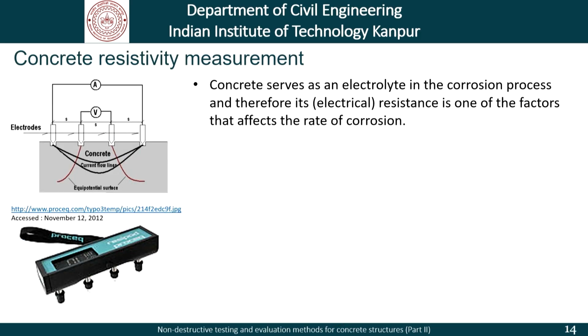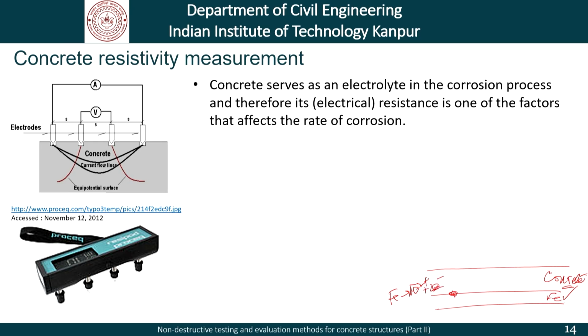Similar to natural potentials, we have concrete resistivity measurement. You remember, concrete serves as an electrolyte in the corrosion process, and therefore its electrical resistance is one of the factors that affects the rate of corrosion. You would recall that in our discussion of corrosion in reinforced concrete structures, we had said that this is a reinforcing bar embedded in concrete, and at the time of corrosion, anodic sites are set up where iron goes to Fe2+ and 2 electrons are released.